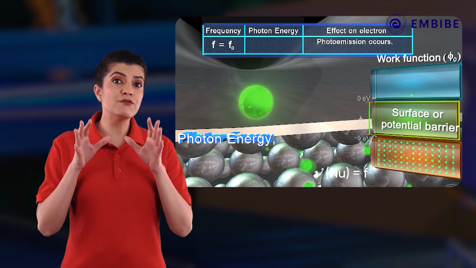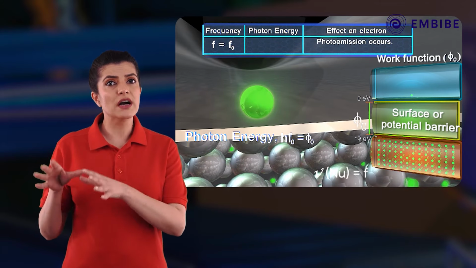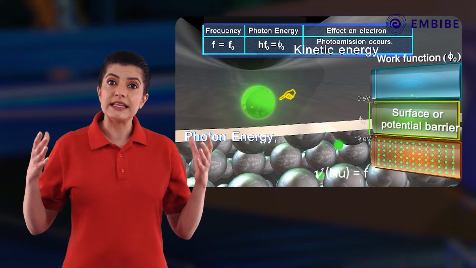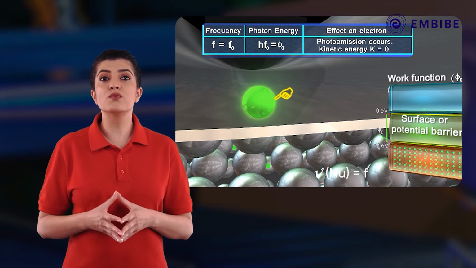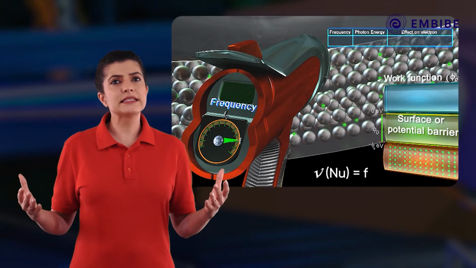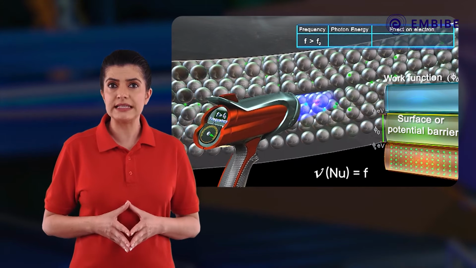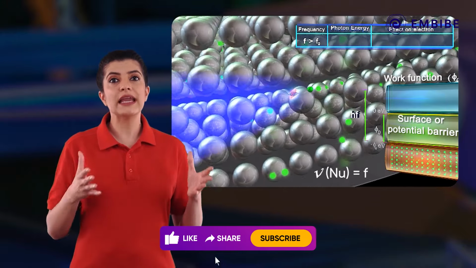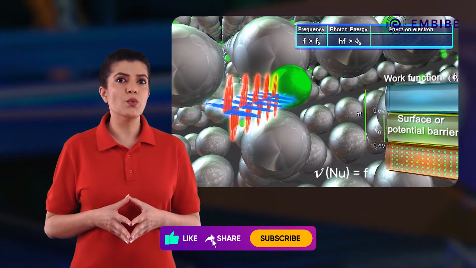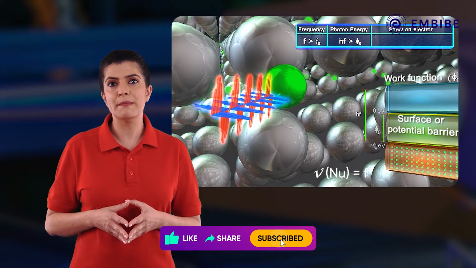But since the incident photon energy is equal to the work function phi 0, the kinetic energy of the ejected electron would be 0. Next, when light having a frequency greater than nu 0 is incident, the photon energy h nu is greater than the work function phi 0 of the metal.